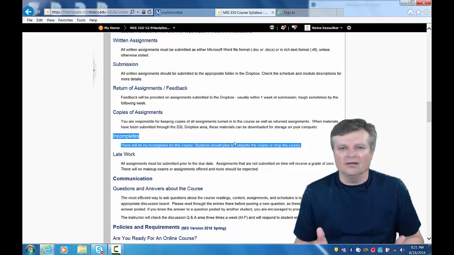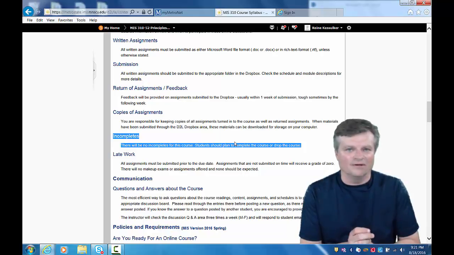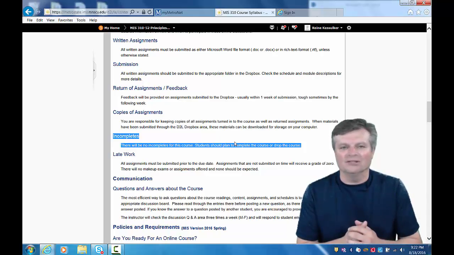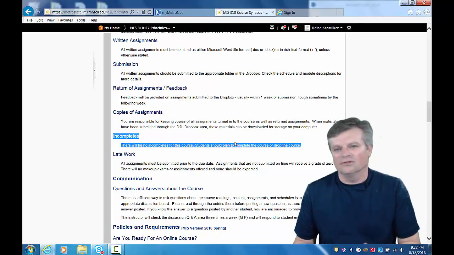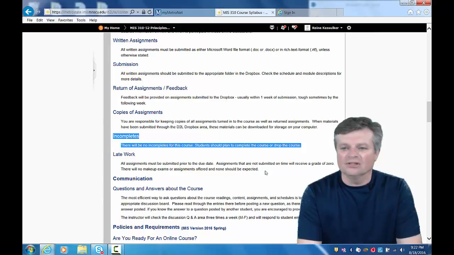Either way, it's up to you, but I tell you this over and over because I will not issue an incomplete. I know things happen. I know there are tragedies and things that happen in life with families and what have you. But it's your decision whether you want to complete the course or withdraw, but the incomplete's not an option. All right, just want to call that out.